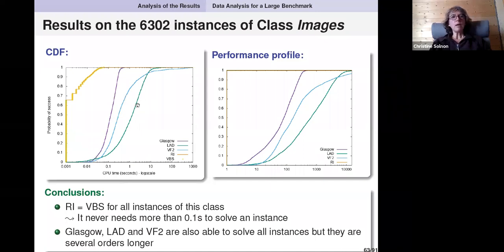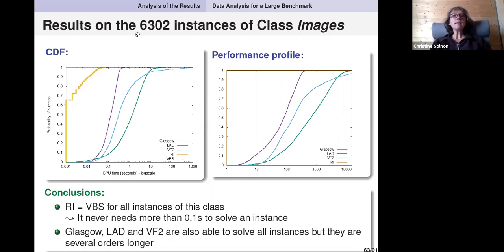And actually, Glasgow and LAD have not finished computing some pre-processing steps. They have not started to solve the instance, whereas Ri has already solved the instances. So we can see that on these instances, Ri is the VBS because the two plots of the VBS and of Ri are exactly the same.